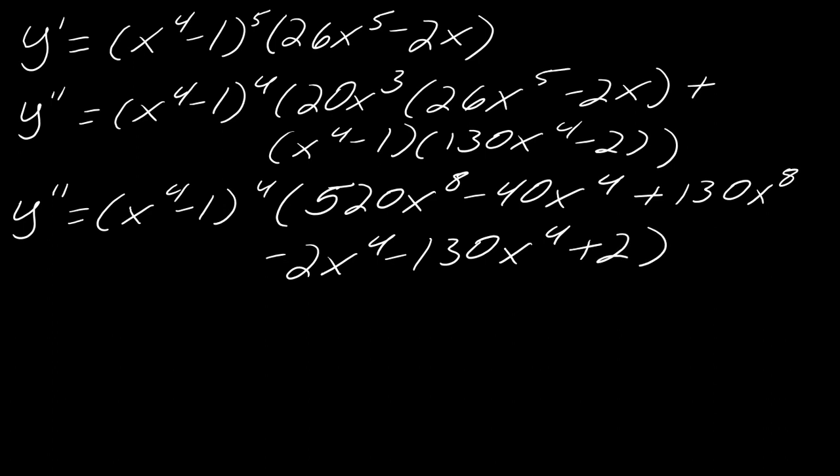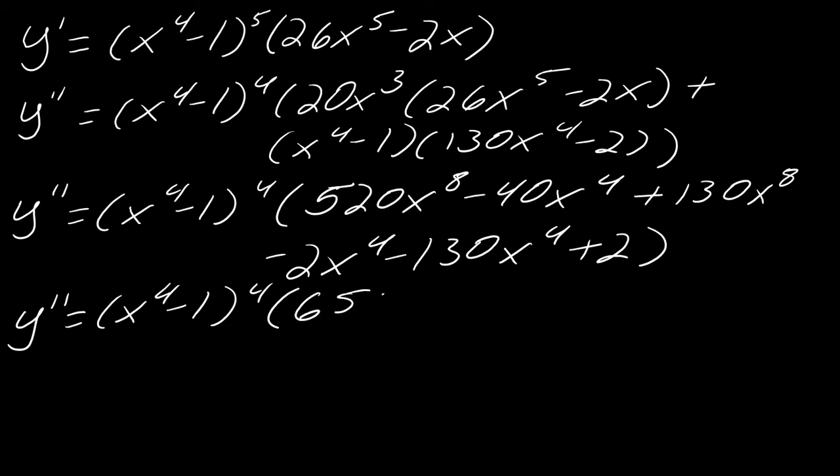Oof, okay, so now I've got y double prime, so I've got this (x^4 - 1)^4. So let's collect our like terms. So this becomes 650x^8 - 172x^4 + 2.